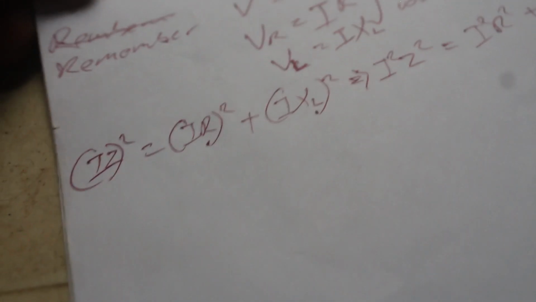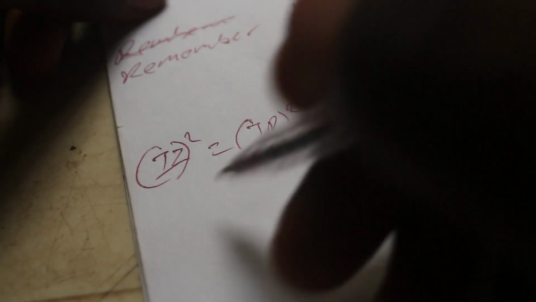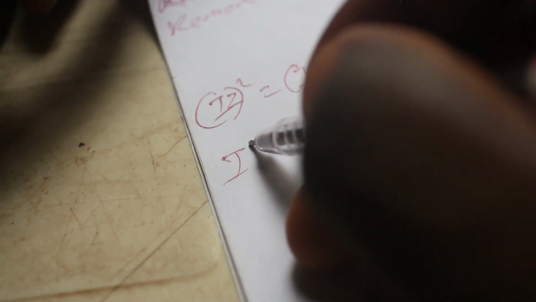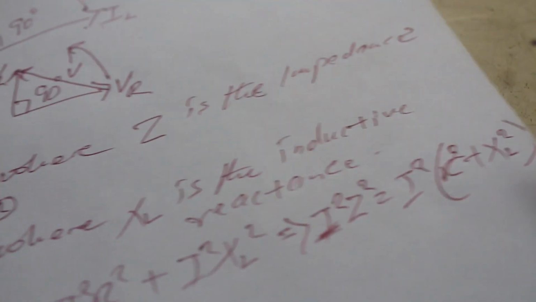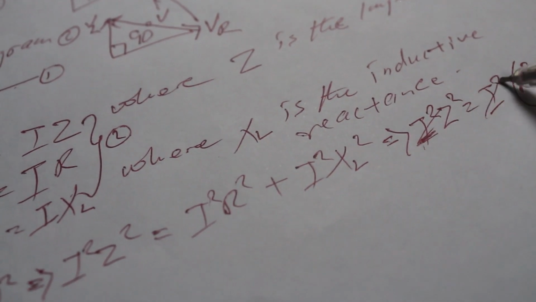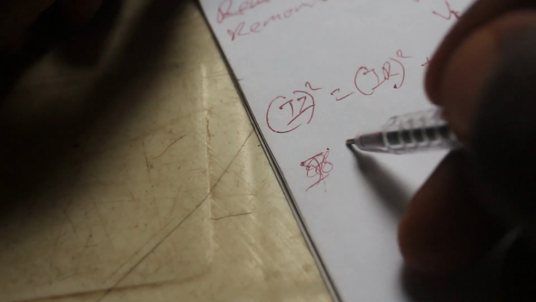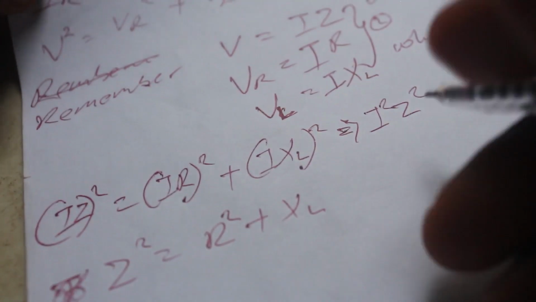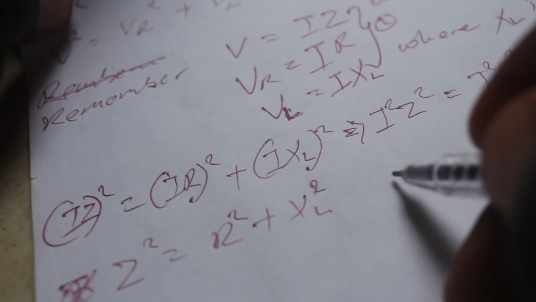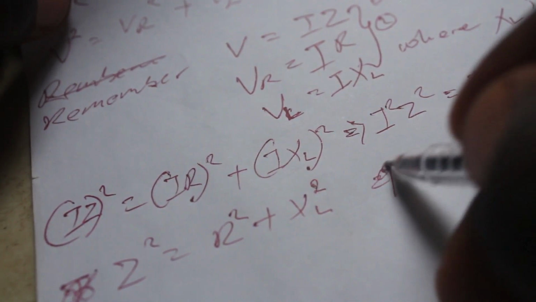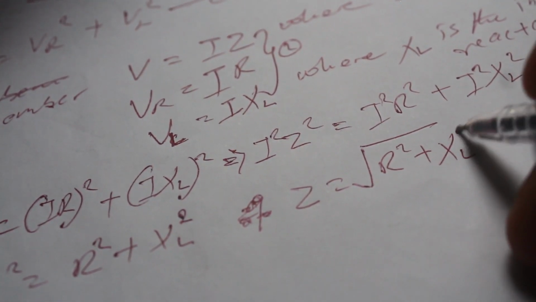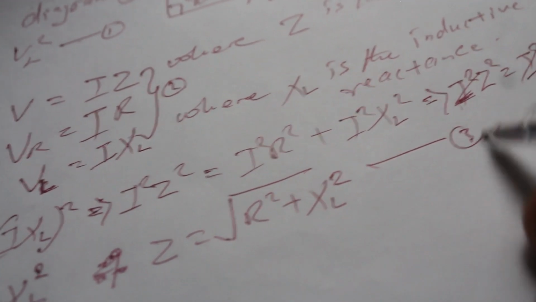So the I squared can cancel out, and we now have Z squared is equal to R squared plus XL squared. Therefore Z becomes the square root of R squared plus XL squared. We call this equation 3.